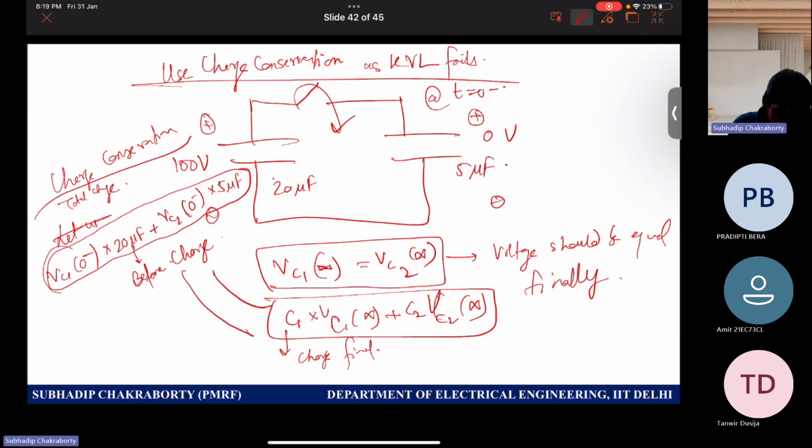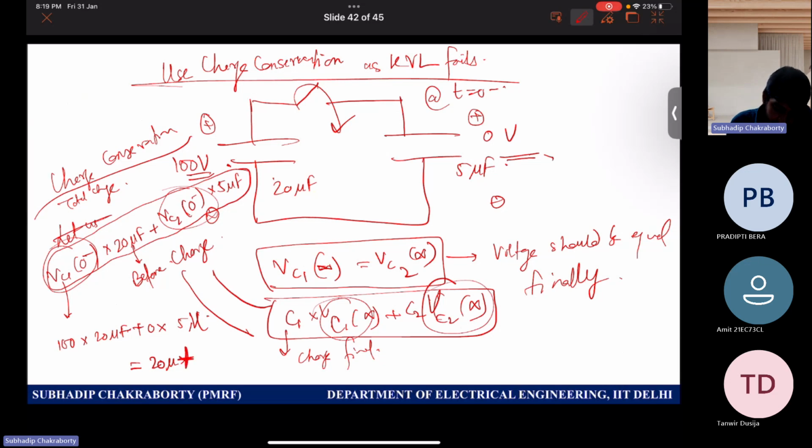But VC1 0 minus and VC2 0 minus we already know: 100 volt and 0 volt. So let's determine the initial charge using this. 100 into 20 micro plus 0 into 5 micro should be equal to C1 is 20 micro into VC1, but VC1 and VC2 are the same.